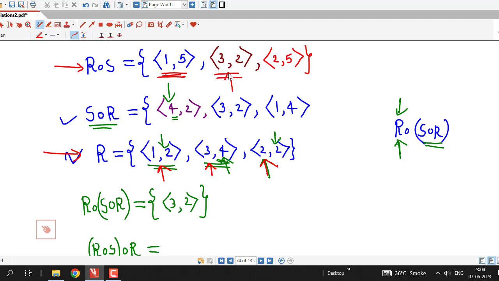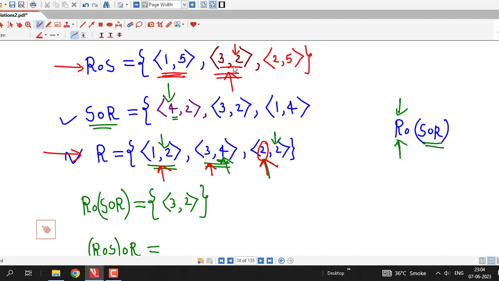Now I check the ordered pair 3 2 in R composite S. The second component is 2, and I have to search for an ordered pair having first component 2, and we can see there is 2 2 here.